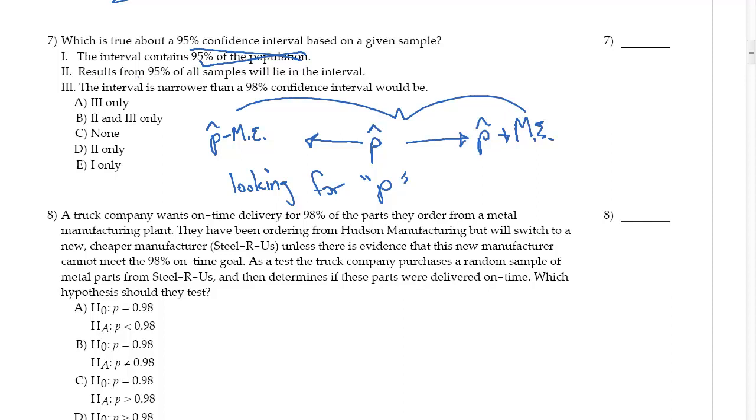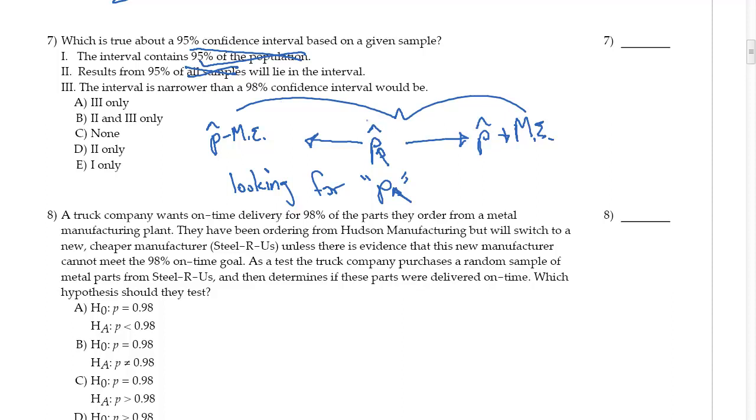The results from 95% of all of the samples will lie in the interval. While this may be true, all of the samples is not what I'm centered on. What I'm centered on is p hat, and what I'm looking for is p, not all other samples. So that's not going to be it. The interval is narrower than a 98% confidence interval would be.